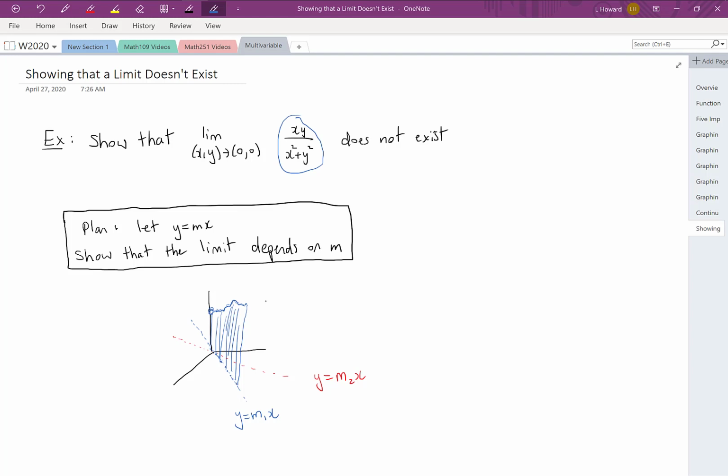Now let's do the same thing for the red line, traveling along these points on the line y equal m2 x and approaching the origin. For this point right here, the f value is up here. I can draw the corresponding point in three-dimensional space by saying this point (x, y) corresponds to this point (x, y, z). Again, we're going to draw the sequence of f values as we travel towards the origin.